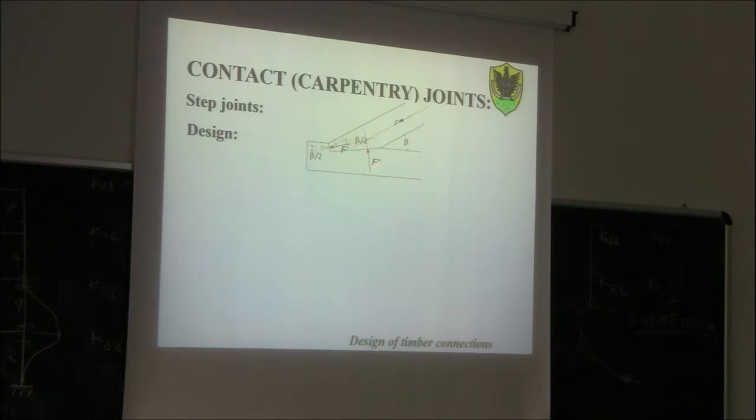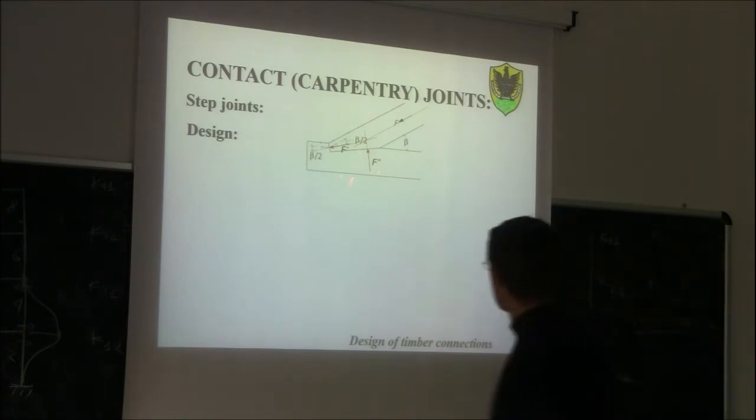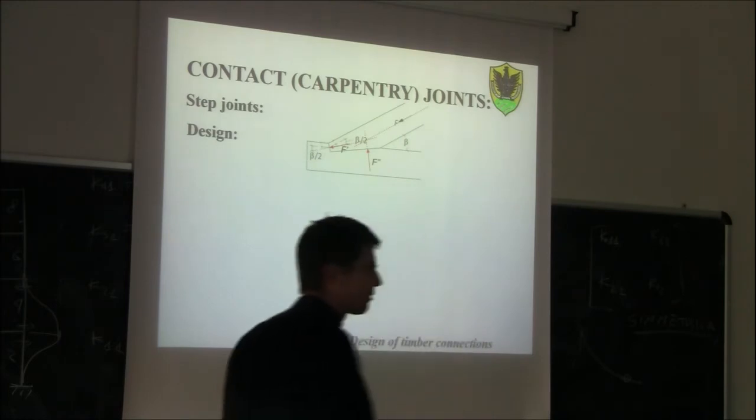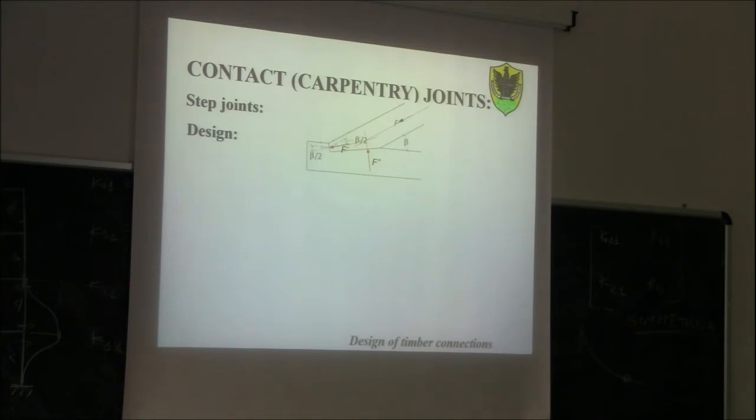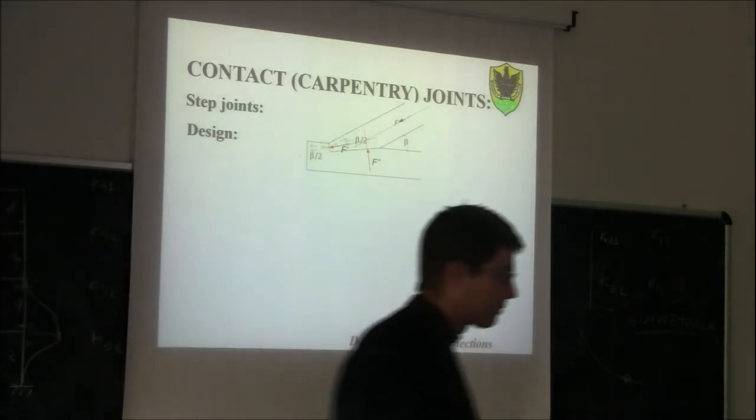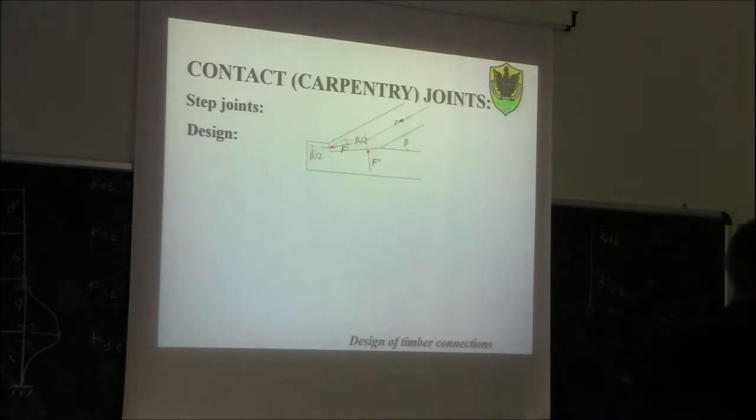In this case, as you can see, in general, you will have an eccentricity between this other force and the midpoint of the notch. So now, if I were to ask you what kind of distribution of forces you can expect on this notch here, what would you answer? First of all, what kind of stresses would you expect in this notch?